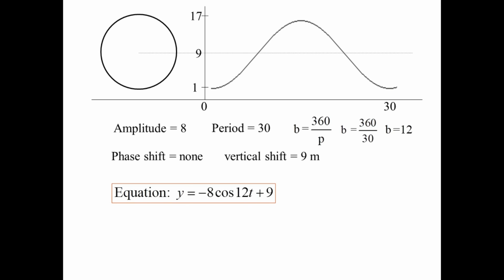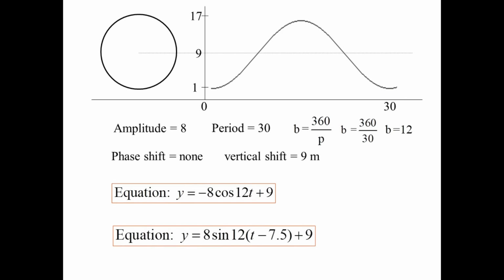Since the period is 30, a quarter of 30 is 7.5, we could consider this a sine curve that's been shifted to the right. So we could turn this cos into sine and take this t and put brackets around it and shift it to the right a quarter period. Thusly, a quarter of 30 is 7.5.